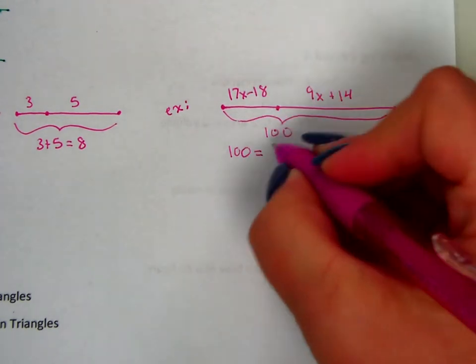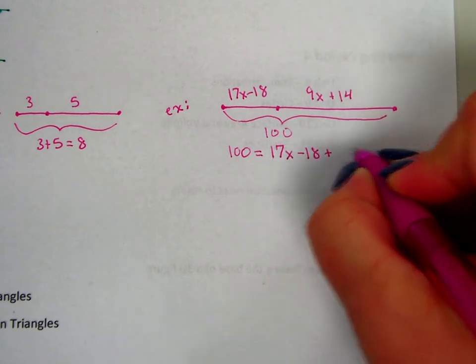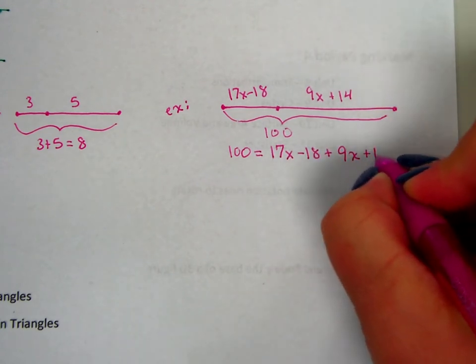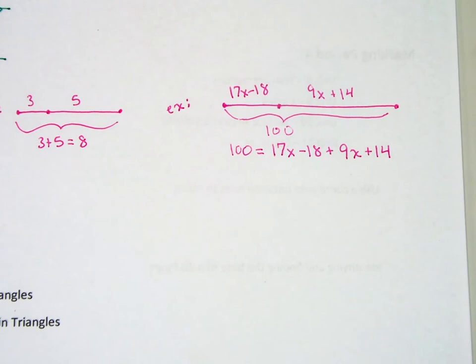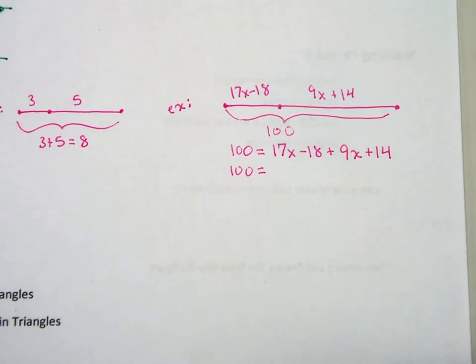Right, in order to find this whole thing that equals 100, I know I have to add the left side, 17x minus 18, plus 9x plus 14. So that's going to be 100 equals 17x plus 9x is how many x's?